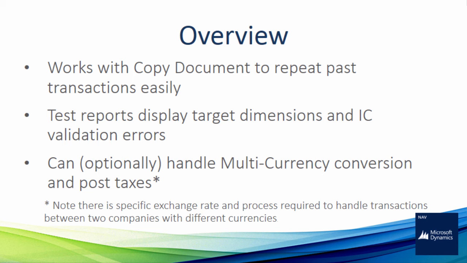So again, it's going to be a little bit more than what we're going to talk about today, but we do have documents on how to set that up to allow that to process that way.